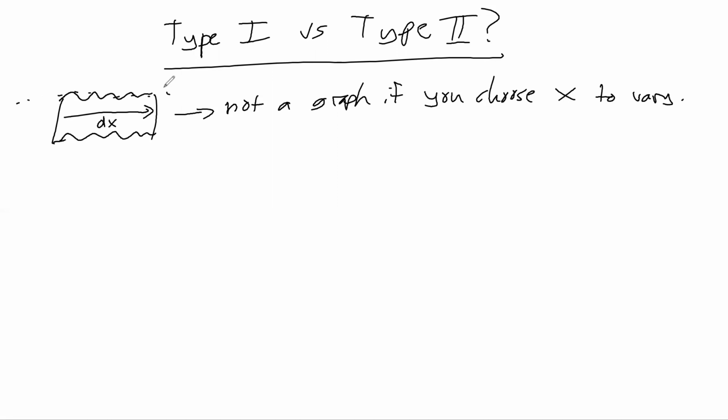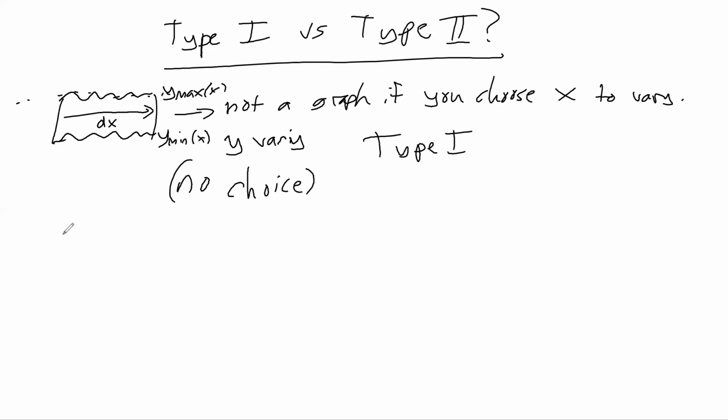So there's only one way you can do it. The y has to vary. So that means it's type 1. At least that's what the book calls it. So that situation, there's no choice.